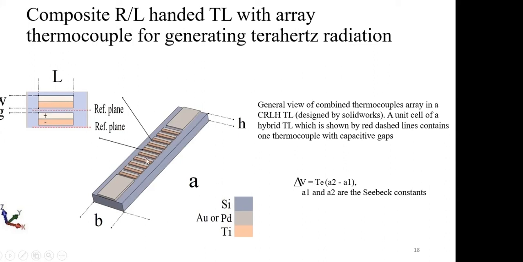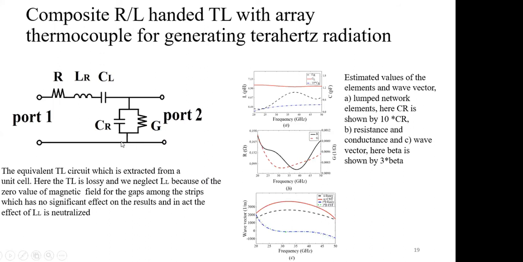So we use this Seebeck constant, but these thermocouples are set on a composite right left hand transmission line, and if you illuminate this design, maybe with a picosecond laser, you can measure the terahertz voltage pulses.